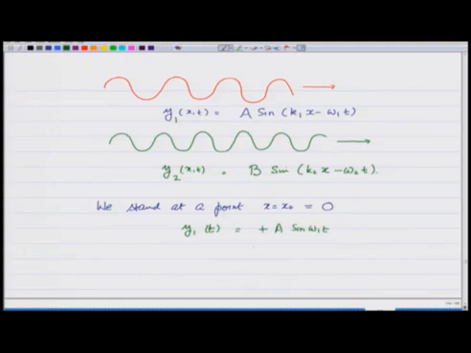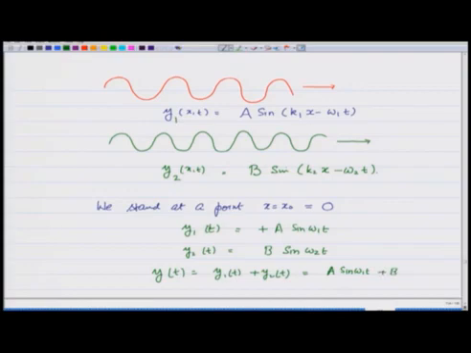Let me also take it plus, it does not matter, because finally I am going to look at the intensity, and y 2 t is equal to b sine of omega 2 t. Now, these two waves are going to superpose, and therefore, the net displacement at that point is given as y 1 t plus y 2 t is equal to a sine omega 1 t plus b sine omega 2 t.